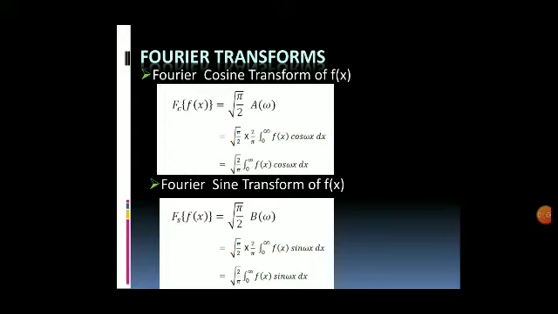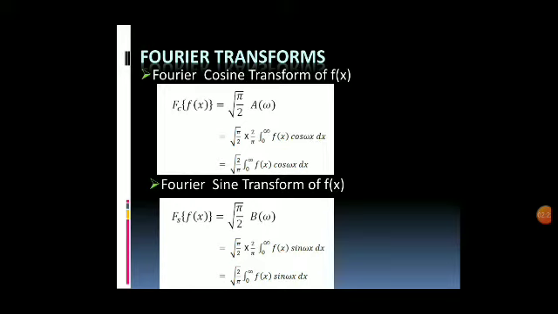On the whole, the formula is Fc of f of x is equal to root of 2 by pi integral 0 to infinity f of x cos omega x dx. Either you can remember this formula, or else it is enough if you remember it is equal to root of pi by 2 A omega, since A omega we have already studied in Fourier integrals.